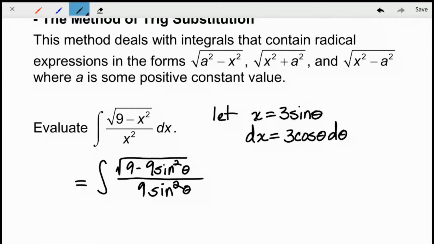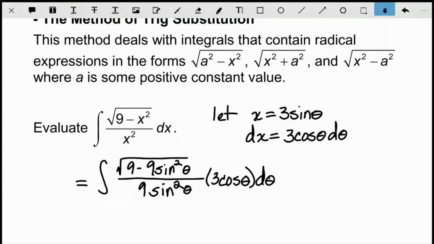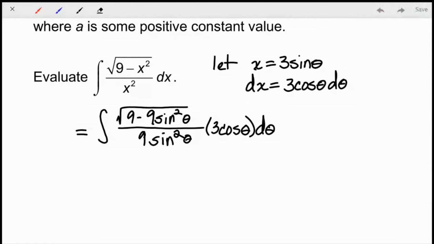Okay, now our dx, remember, is the same as 3 cosine theta d theta. So right now it looks like kind of a mess. It doesn't seem like I've done anything to help my situation. But you'll see that because we chose the substitution that we chose, we're going to be able to actually simplify this down a little bit.